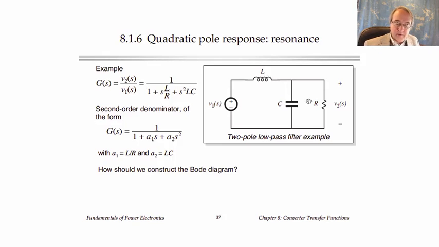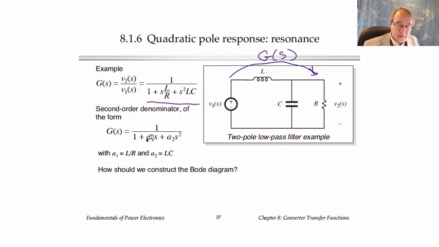So if we solve this circuit to find the transfer function from input to output, we're going to call it G of s in this lecture. We can do the analysis and find that G of s is given by this expression, which has a quadratic form polynomial in the denominator.